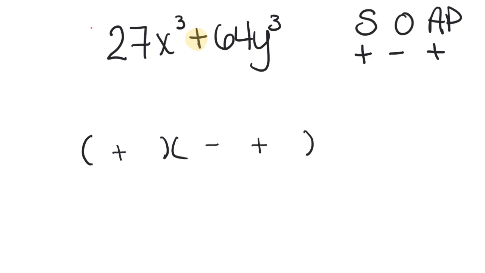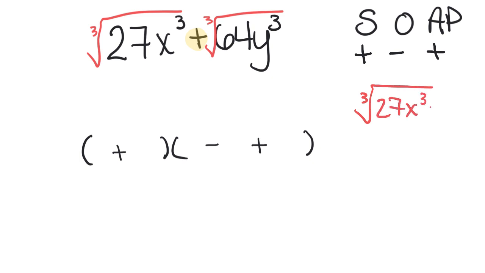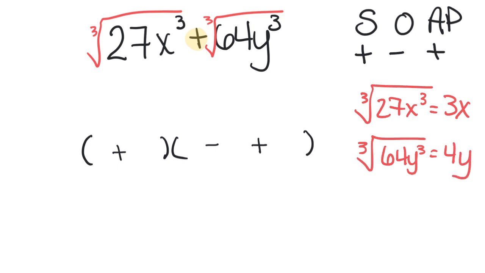Okay, and then we're just doing the same thing. Cube root of 27x cubed is 3x. Cube root of 64y cubed is 4y. Doesn't matter what letter it is, works the same way.